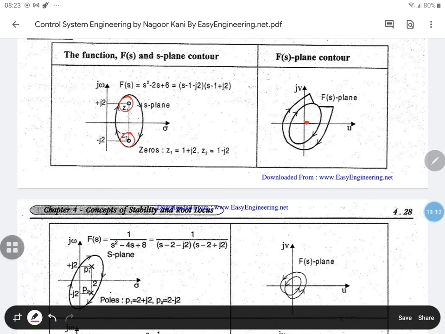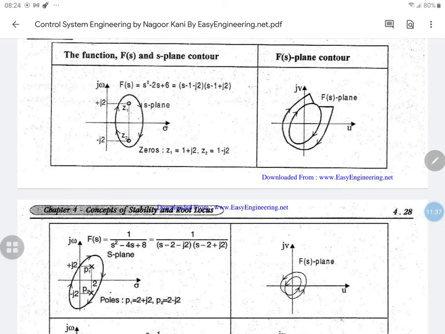So this is a standard. In case of some GATE questions or one word questions, if you can see which case the question comes in, then you can directly tell how many times the origin is encircled.